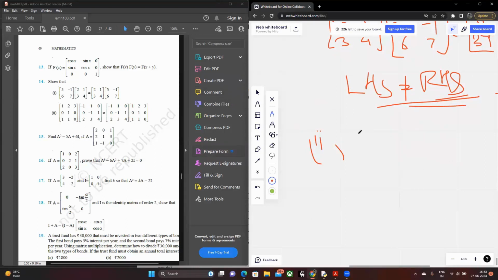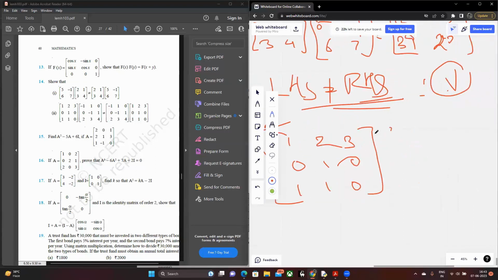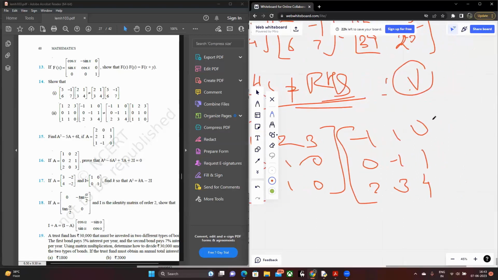All right, so we have on the LHS, again, I'm writing L for LHS and R for RHS. On the LHS, we have [1, 2, 3; 0, 1, 0; 1, 1, 0] times [minus 1, 1, 0; 0, minus 1, 1; 2, 3, 4].